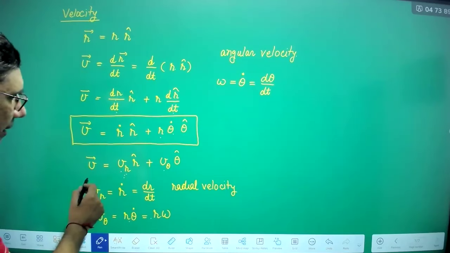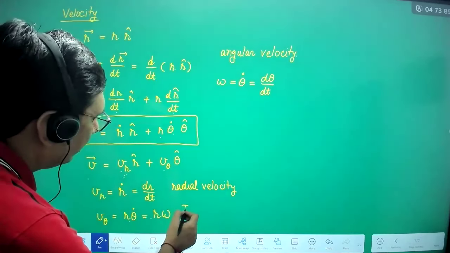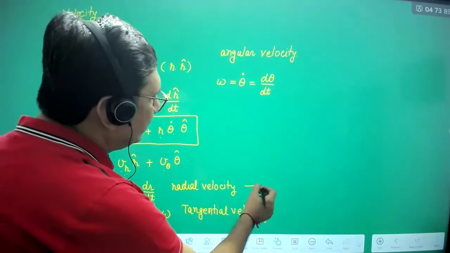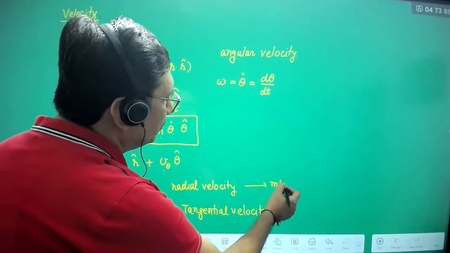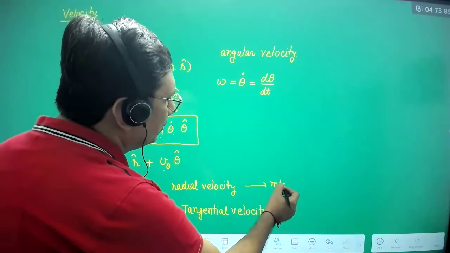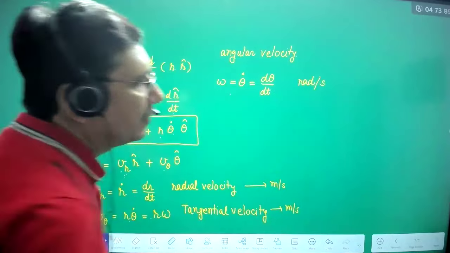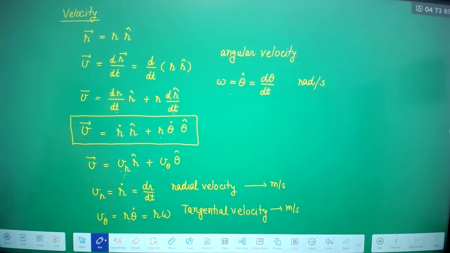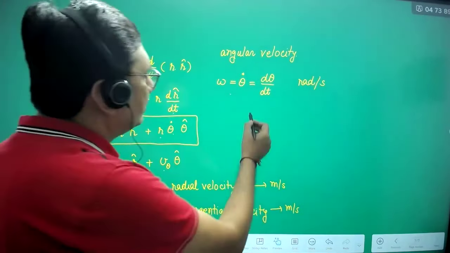So this is radial velocity and this is tangential velocity. The unit for radial velocity will be meter per second. So don't confuse. The unit of v theta will be meter per second, but the unit of theta dot will be radian per second.